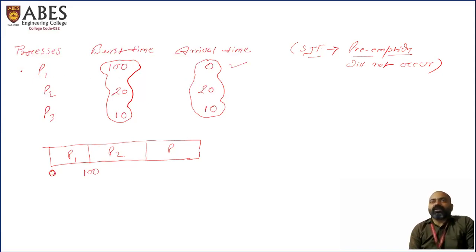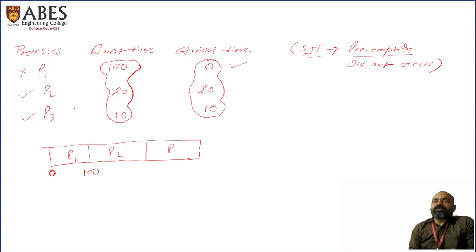Now P1 is finished. When P1 is finished, the total time here is 100 units. Meanwhile, P2, which comes after 20 units of time, has also arrived, and P3, which comes after 10 units of time, has also arrived. So there are two processes available for execution, P2 and P3.